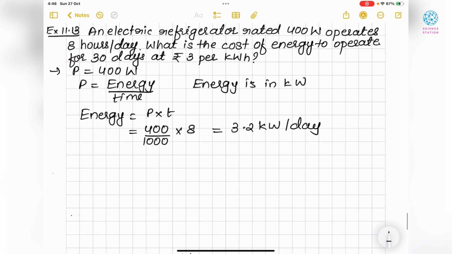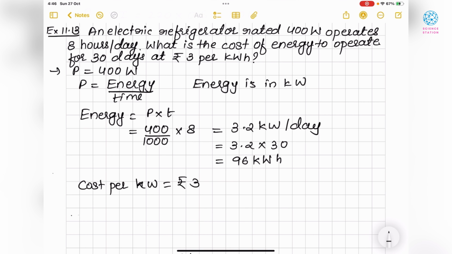Now per day it is consuming 3.2 kilowatt hour. So if I want to do it for 30 days, 3.2 into 30, so that will be 96 kilowatt hour. Now cost per kilowatt hour is rupees 3.